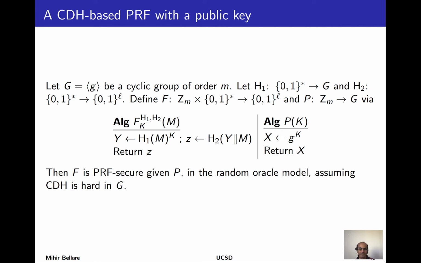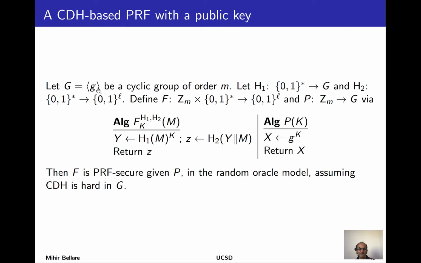So far, we've tended to think of PRFs as primitives that we get using tools like block ciphers and hash functions, but you can equally well get PRFs from number theory, and that turns out to be useful here because it's the algebra and the number theory that allows us to do the oblivious evaluation. So here's our PRF.